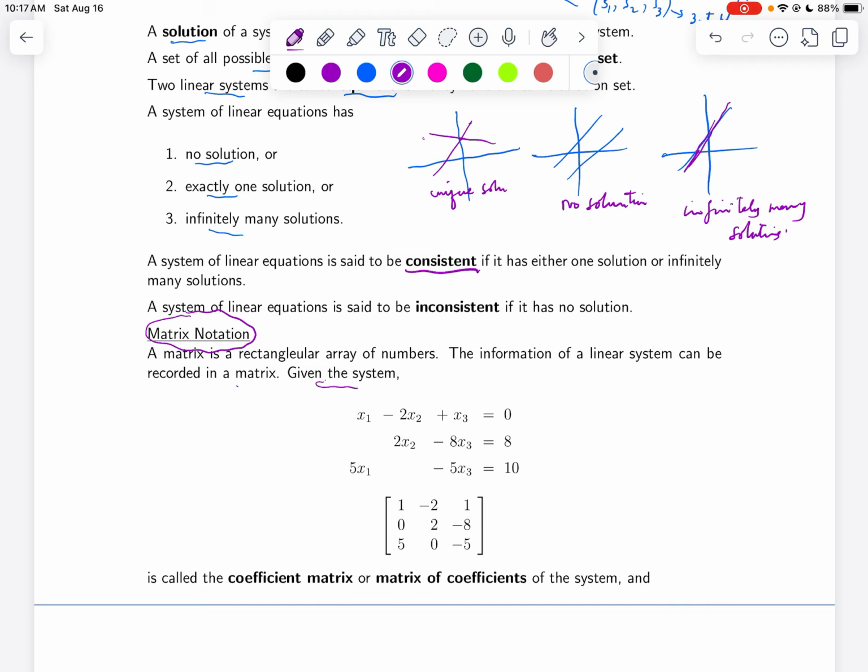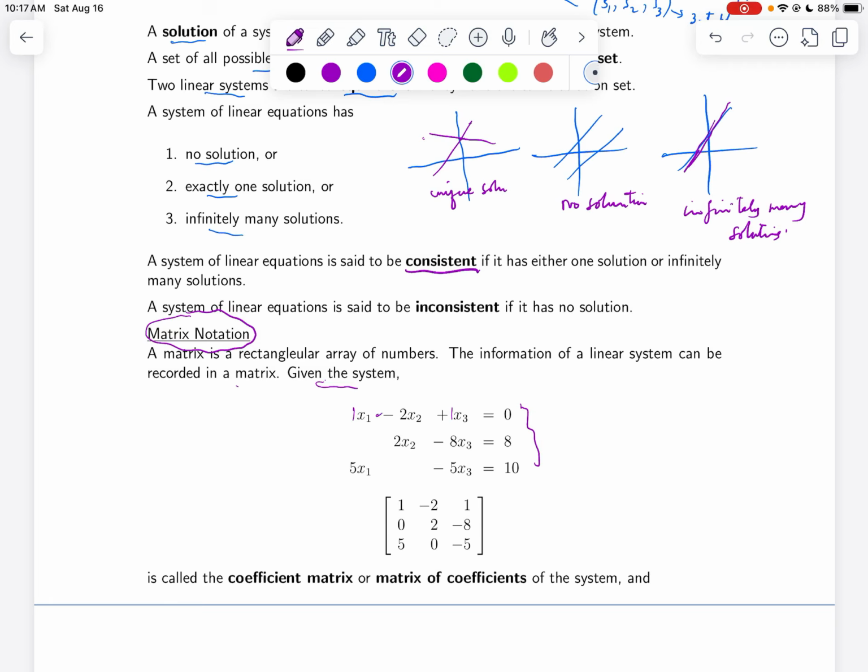For example, given the system, we have the system of equations here, three equations and three variables. So we have x1. What is the coefficient there? 1. So we have 1x1 minus 2x2 plus x3 is equal to 0. What is the coefficient of x3? 1. What is the coefficient of x2? Negative 2.